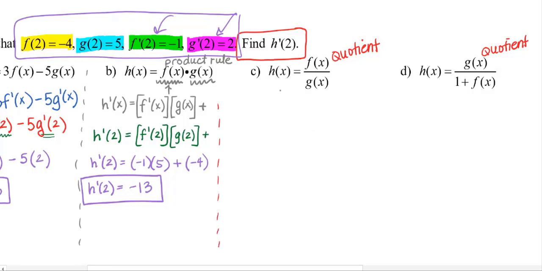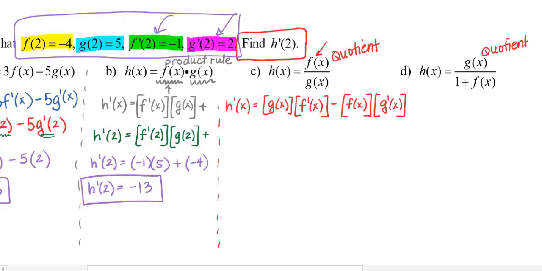All right, so let's first define h prime of x just based on this f and g using the quotient rule. So h prime of x is going to be low, so g of x, d high, so the derivative of the high would be the derivative of my numerator, f prime of x, minus the high, f of x, d low, and derivative of low, derivative of g of x, is just g prime of x, all over the low g of x squared.